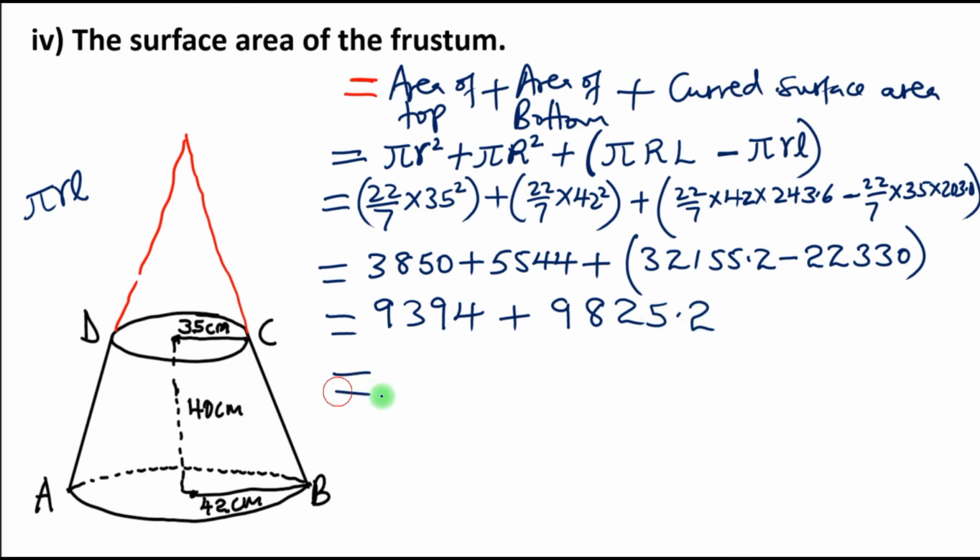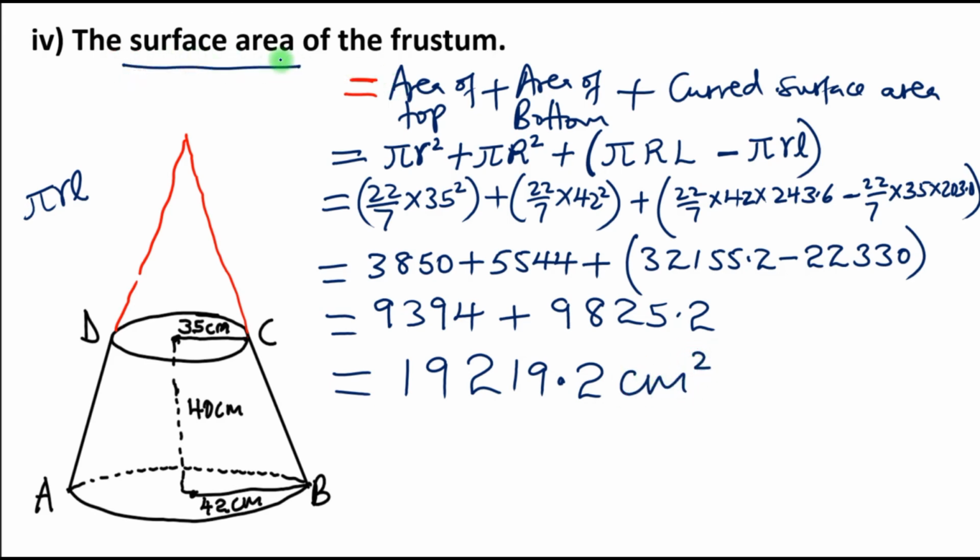If we add, we end up getting 19,219.2. This is centimeter squared, since we are looking for the surface area of a frustum.